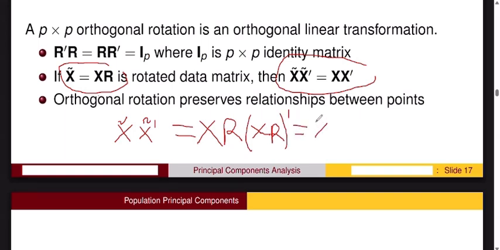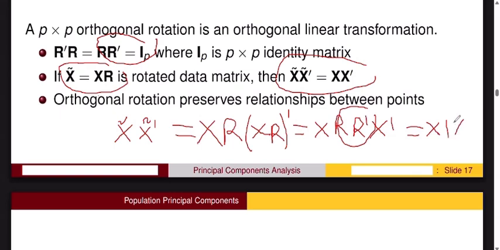I'm going to have XR, and when I find the transpose of that, it's going to be R transpose, X transpose. And this guy, R R transpose, is an identity. So what I'm going to have is X identity X prime, which is the same thing as this guy. That's what we just proved.